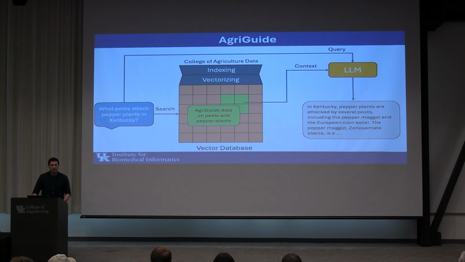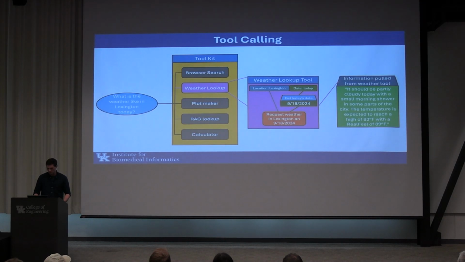So what we did is we took College of Agriculture data, in the form of websites and PDFs, and we can encode that into a vector database. And then we're able to ask it specific questions about their data and find the semantically similar entries in the database and extract those out and pull out the relevant information to the question that they ask and then feed that into an LLM, and then the LLM can respond based on the information that we gave it.